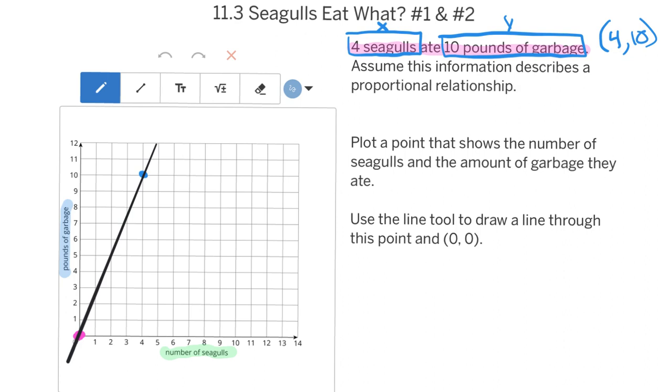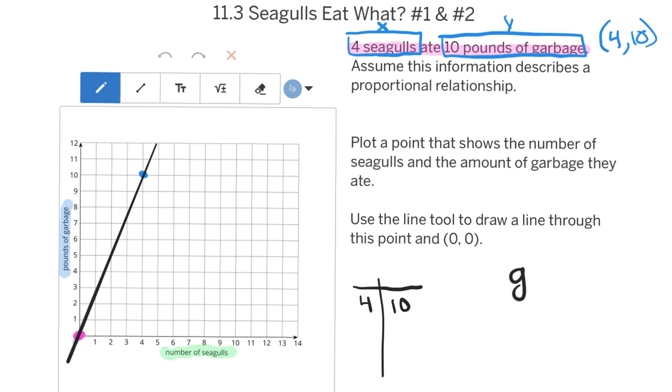We have 2 other ways that we can represent the relationship. We can also set our relationship up as a chart where we have 4 to 10. Or we can have something like the number of seagulls times our constant is equal to the amount of garbage they eat. So let's see.